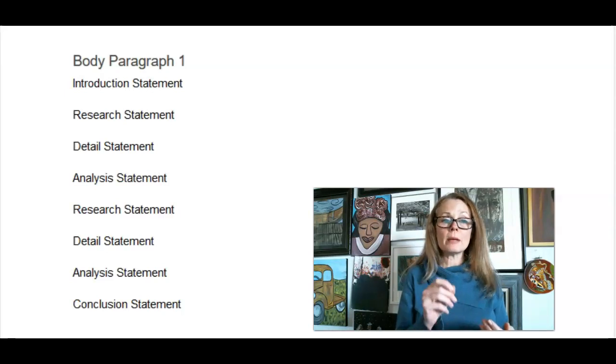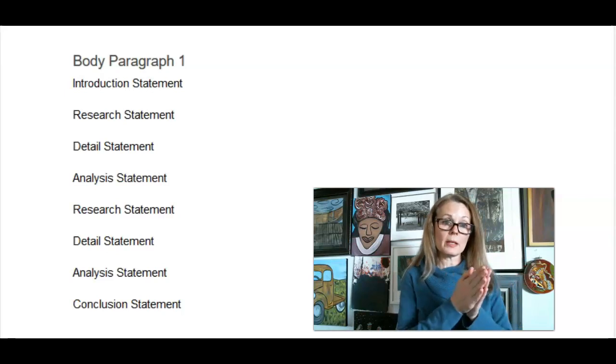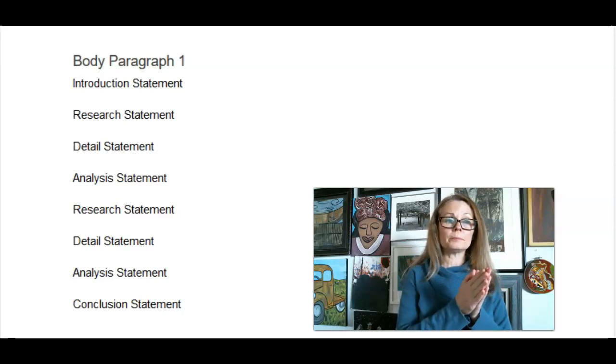Now that may be related to that same source. So for example, if I got this from a particular university research project, then in this detail statement, I might expand upon that, or I could get it from another one where those 2 sources are in alignment with the information that they have, and so I want to connect those 2. This is the place that you would do that.